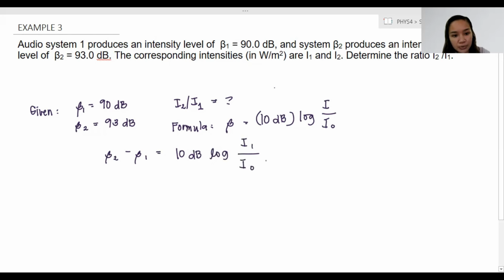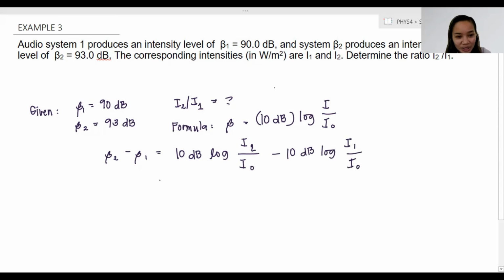I'm sorry, that's I2, not I1. Since we talk about beta 2 first, and then minus 10 decibels log I1 over I0.